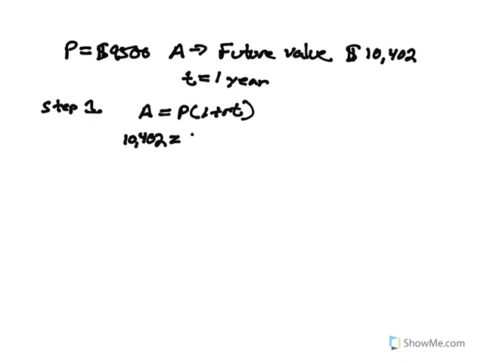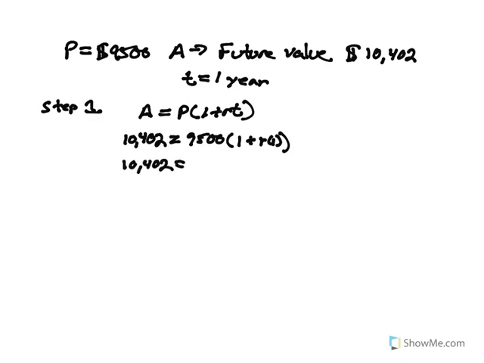And the principal is 9,500, times 1 plus R. Now the rate we don't know, but we do know the time, which is 1. Let's do some basic arithmetic.